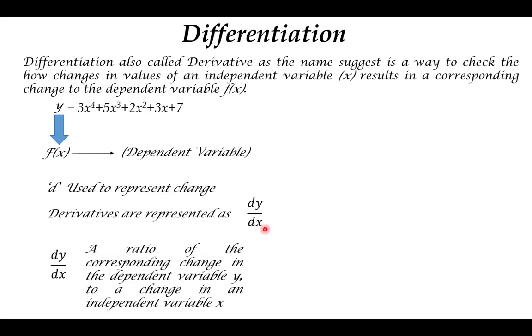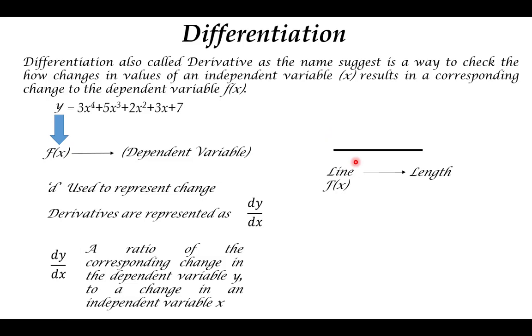To drive this point home, I would like to use the concept of a line. Say we have a line, and this line is dependent on several properties. For example, we could use the length to qualify the line, the thickness, and even the color and the nature, whether it's a broken line, and all that. But for this particular example, I would like to use the concept of length. So our line in itself can be termed our dependent variable, f of x, and this line is dependent on length.